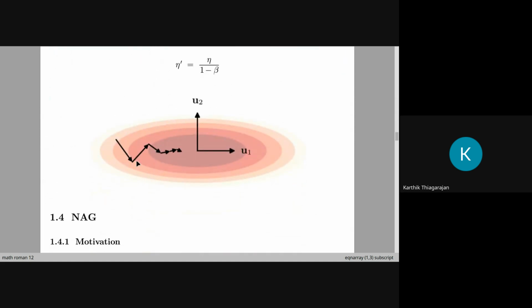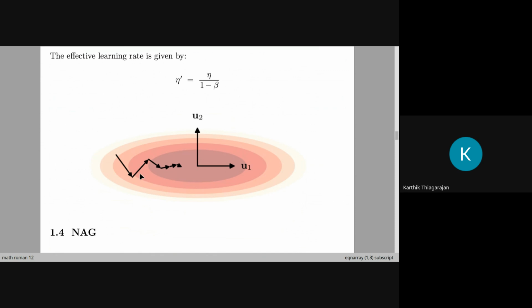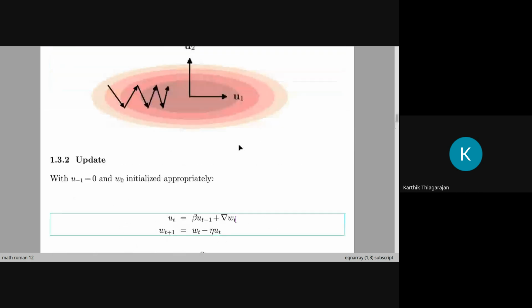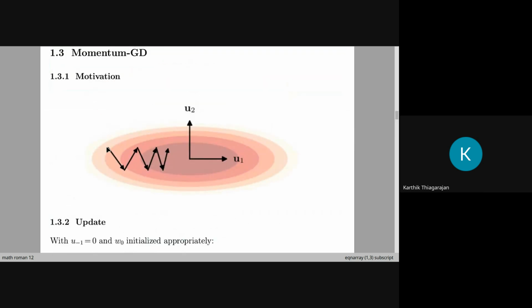What can you say about the gradient of W1 and the gradient of W2 in terms of sign along the vertical direction? So this is W1, this is W2, W3, W4. What happens to the sign of the gradient in the vertical direction? It keeps flipping, right, between positive and negative.